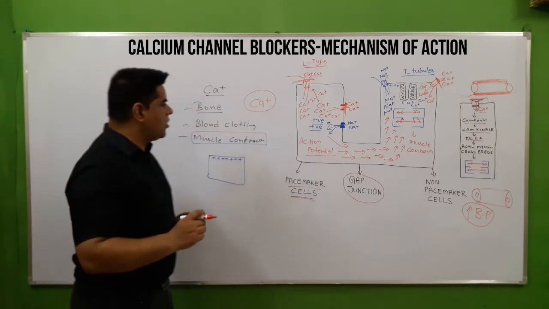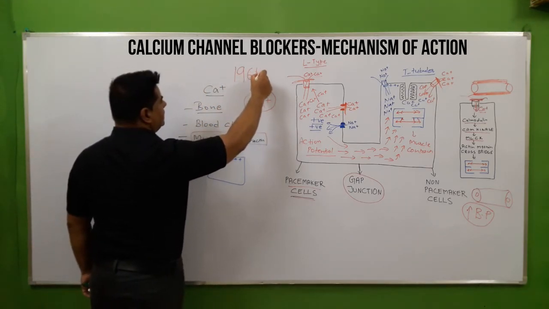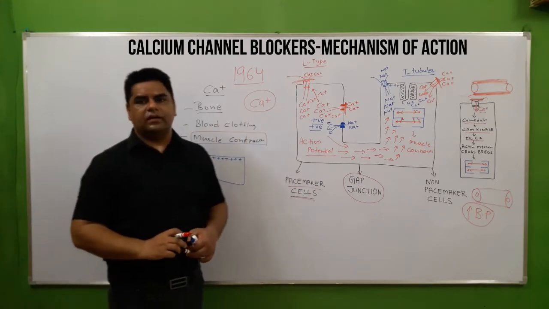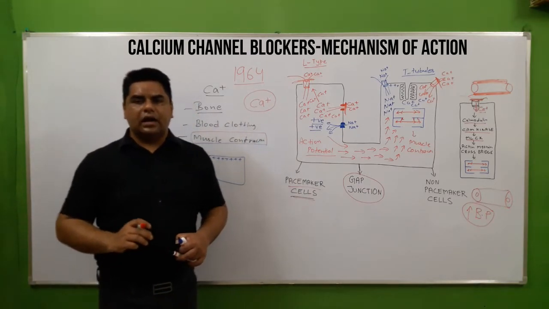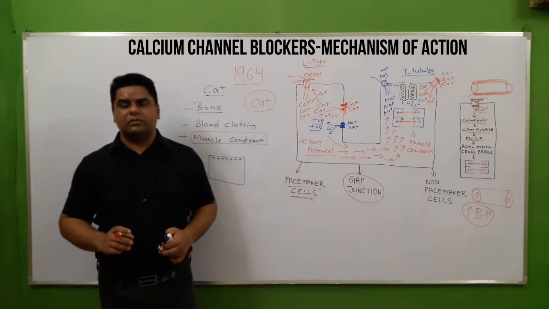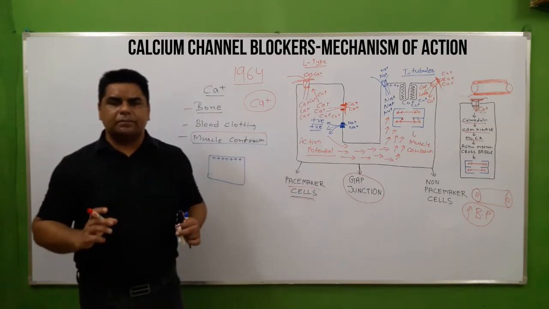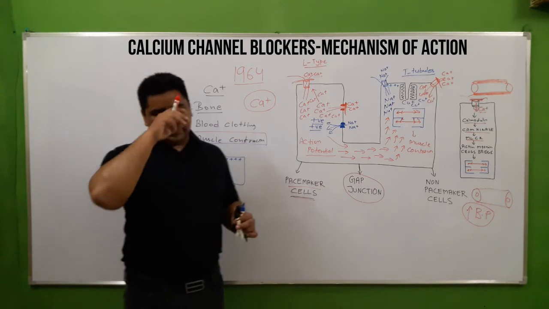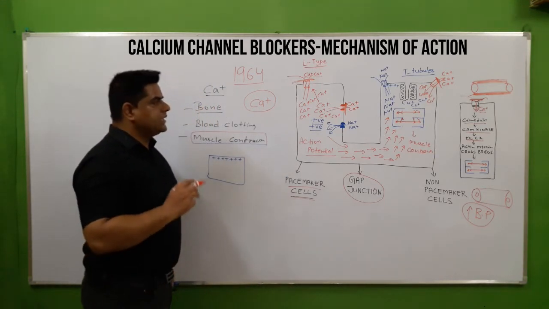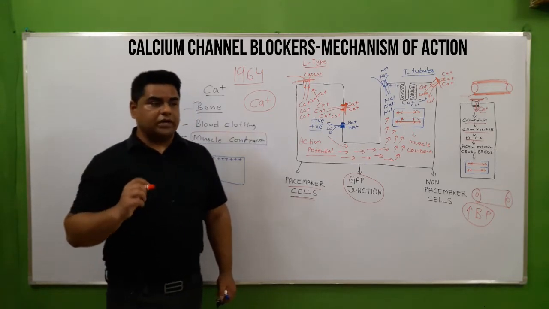These calcium channel blockers, kindly note, are synthetic drugs which were invented in 1964. 1964 is the year of their invention, and they are responsible for blockage of calcium channels. 30 to 40% of patients with hypertension are prescribed calcium channel blockers and diuretic drugs.